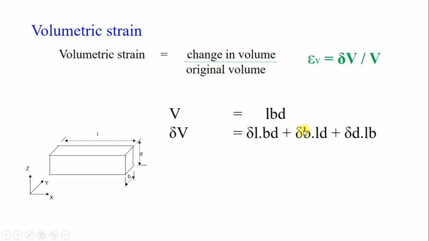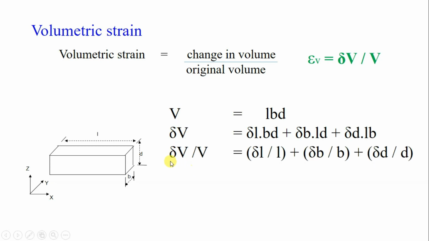So it becomes delta B into product of the other two dimensions L and D. The third part is delta D into L into B, while depth is taken as the consideration. So the summation of all these three things will give you the change in volume delta V. Now what happens if these both are divided?